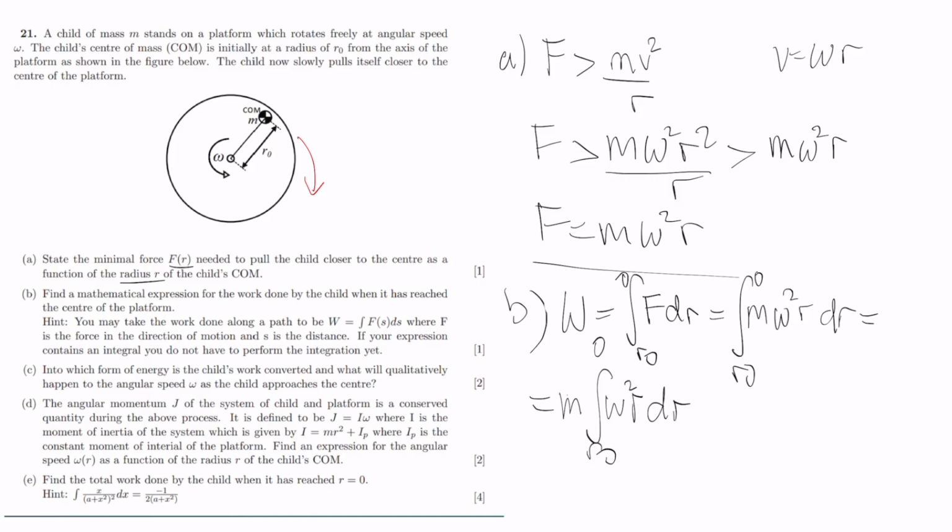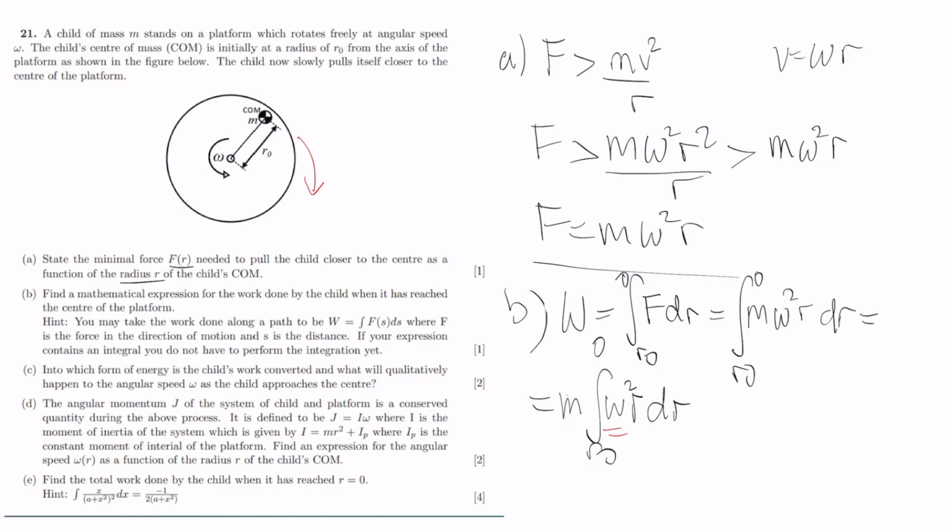Typically, I would take omega outside of the integral sign. However, technically, we're actually changing what is known as the moment of inertia as the child is going. So there might be an effect on the angular velocity, but let's see the rest of the question for that.